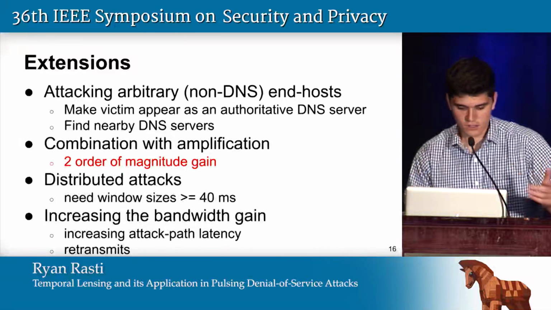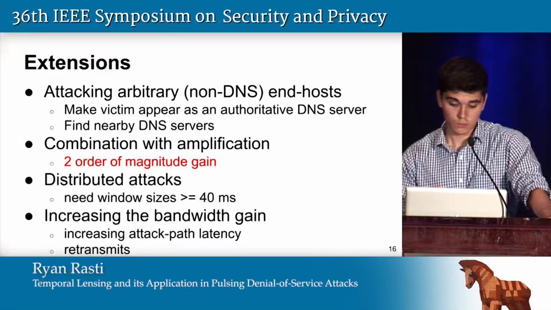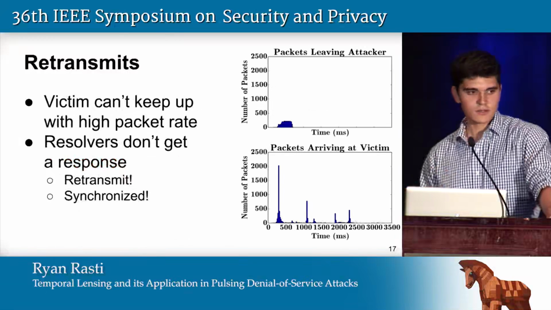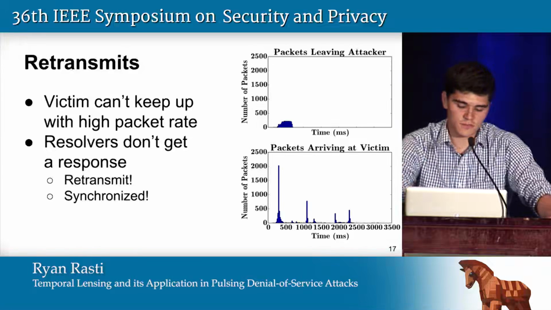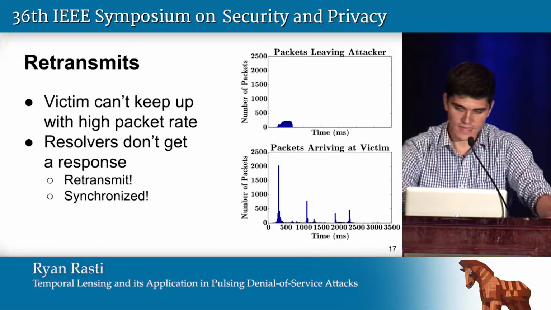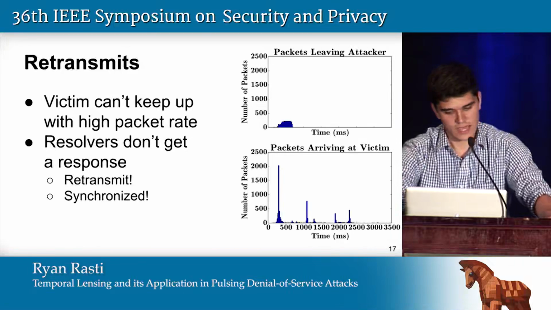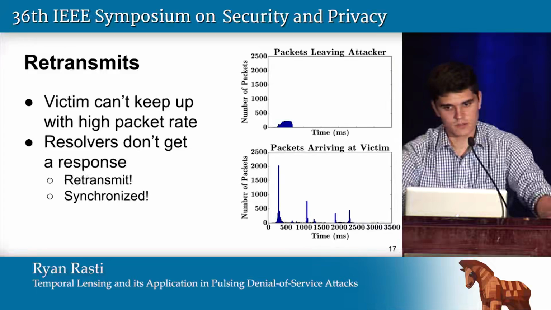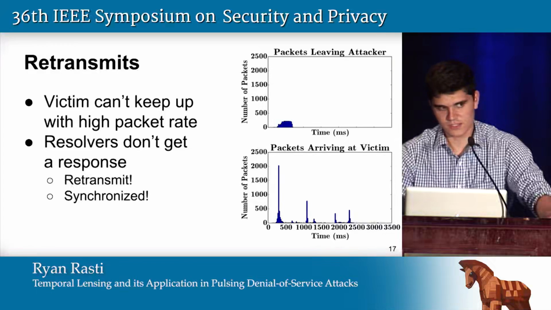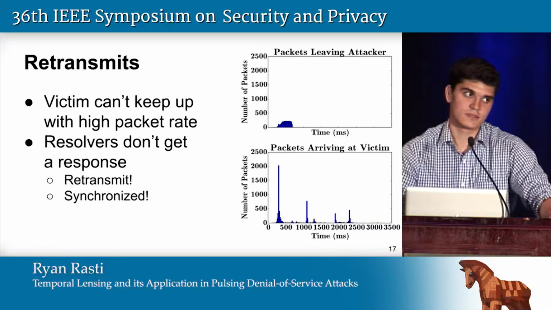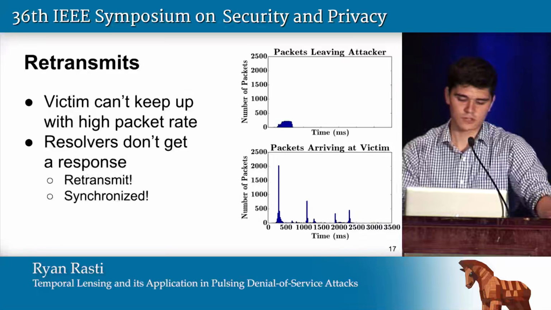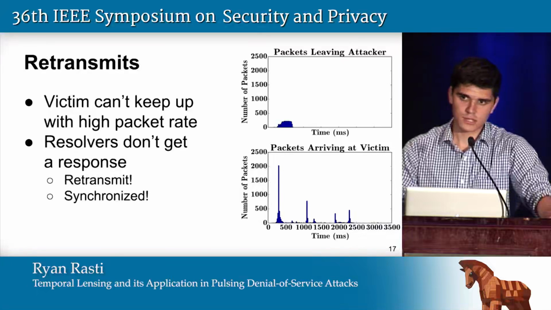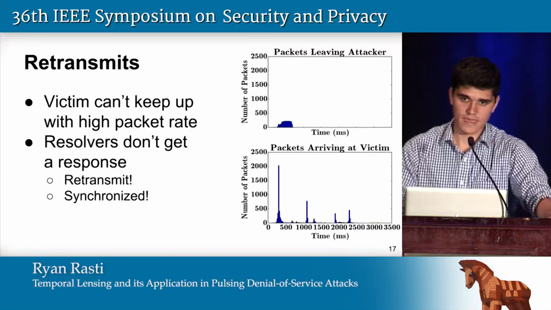There's also a cool thing that we noted with retransmits. Because the reflectors are DNS resolvers, at higher bandwidths the victim cannot keep up. The victim is an authoritative DNS server, and it can't keep up with the queries that the resolvers send. So some of the queries are dropped, and some of the resolvers will time out and then resend.